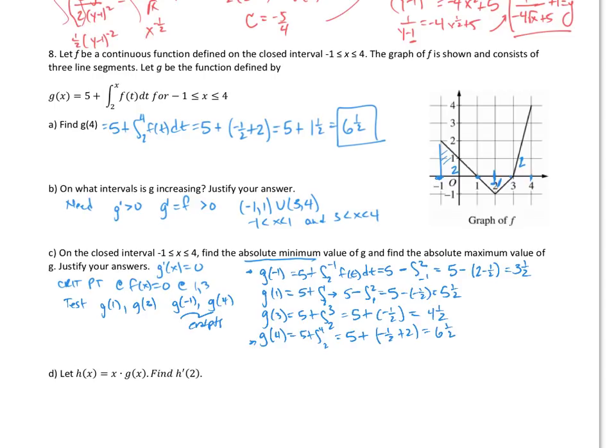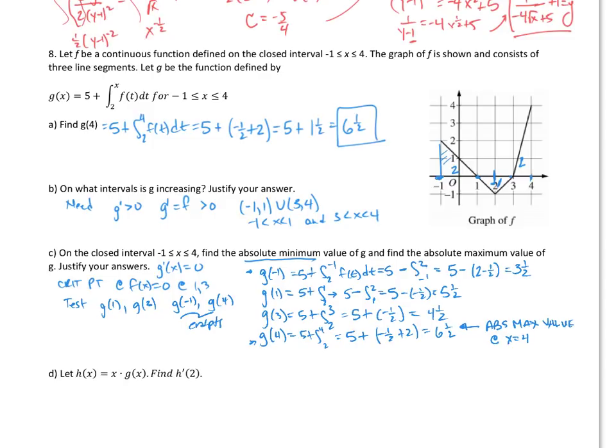So here we go. Let's take a look and analyze all this. This we can clearly see is the absolute maximum value. Oops, can't write right now. Let's say value at x equals 4.